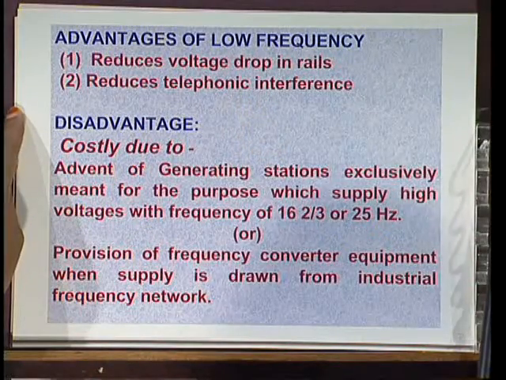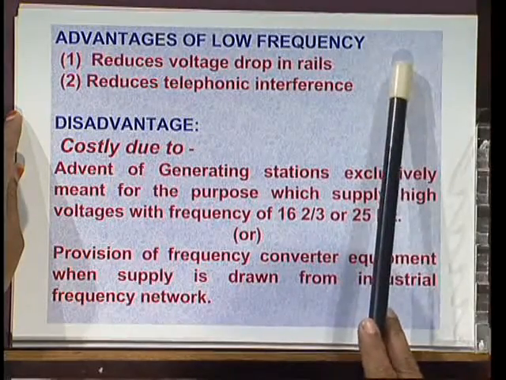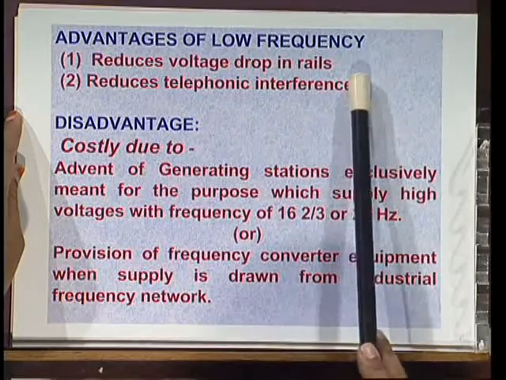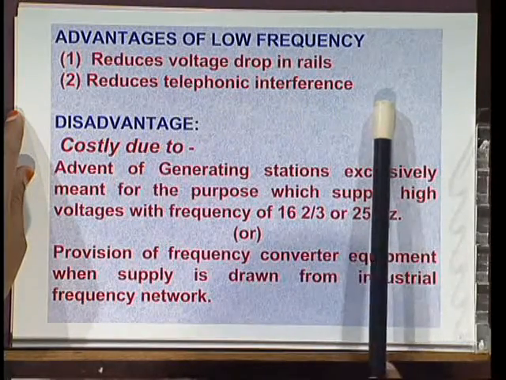The next type of the system is the 3-phase system. Before going into the 3-phase system, we will just have a look at the advantages of the low frequency system. The low frequency system reduces voltage drop in the rails. It reduces telephonic interference.